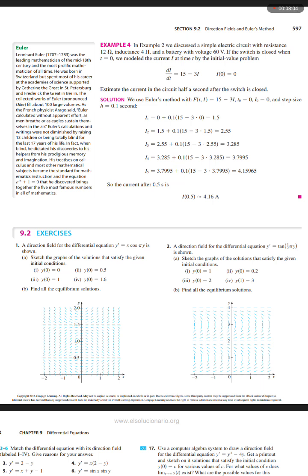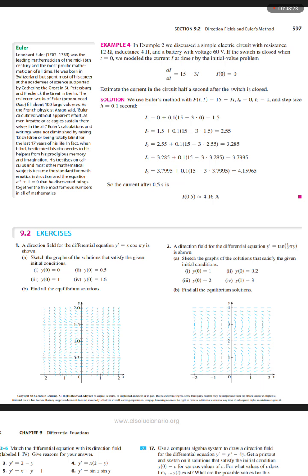equals 3.285. Big I sub 4 equals 3.285 plus 0.1 times (15 minus 3 times 3.285), equals 3.7995.